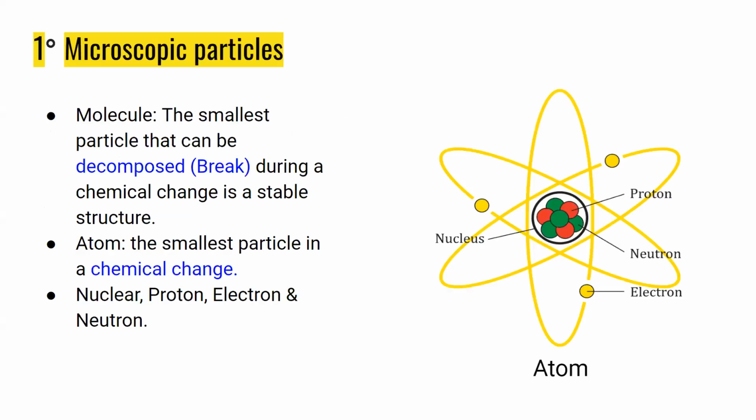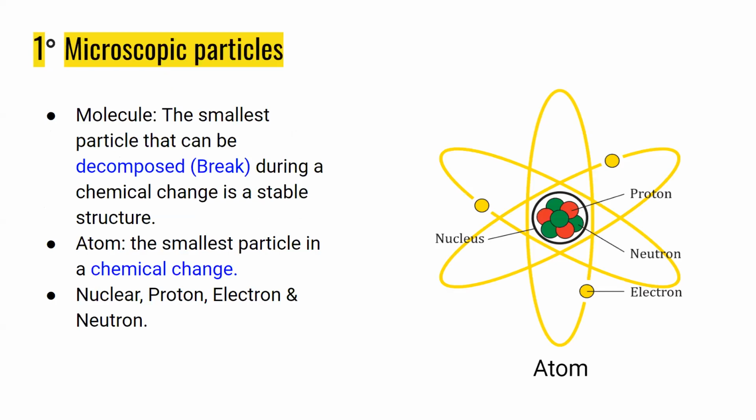So firstly, the microscopic particles. We know that matter or substance is composed of molecules. The molecule is the smallest particle that can be decomposed or broken down during a chemical change. It's a stable structure, and the atom is the smallest particle in a chemical change.